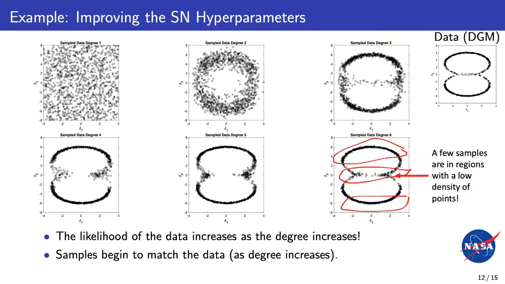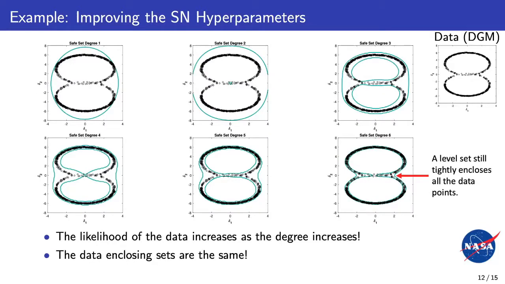Now we see that, in fact, our sample data looks very similar to the data that was drawn from the DGM. The level sets are going to be the same since our sum of squares polynomial was merely rescaled. But that's okay because we actually saw good performance in the level sets of our slice normal PDFs as the degree increased.